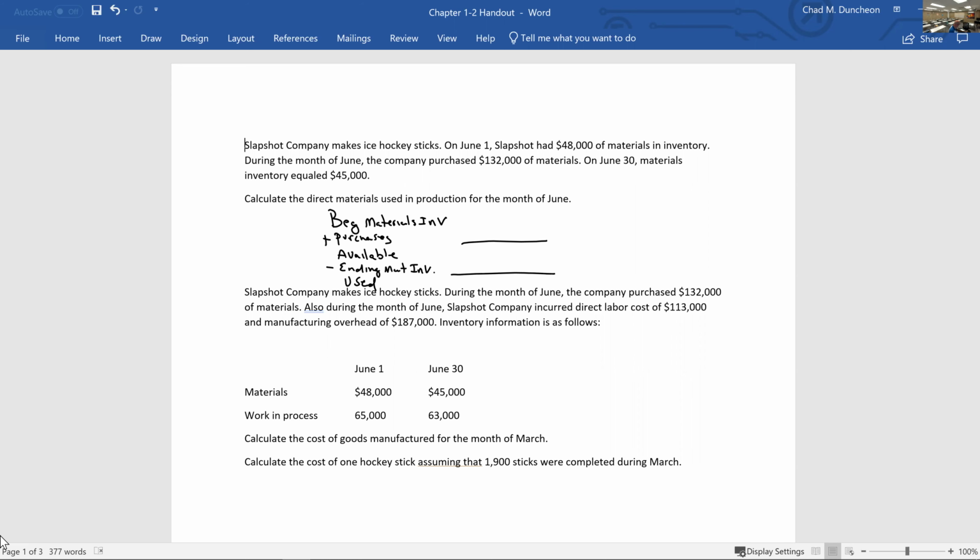So our beginning materials inventory, we had $48,000 at the beginning. We purchased 132,000, meaning we had a total of $180,000 worth of materials available. When we did our count at the end, there was 45,000 left. Bracket that because we are subtracting it out.